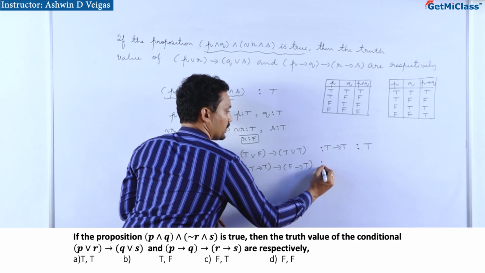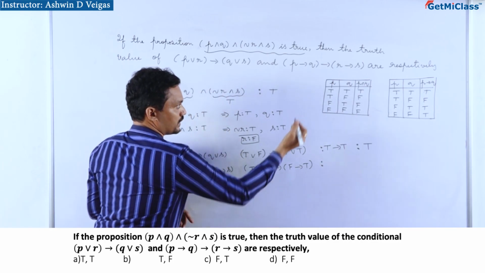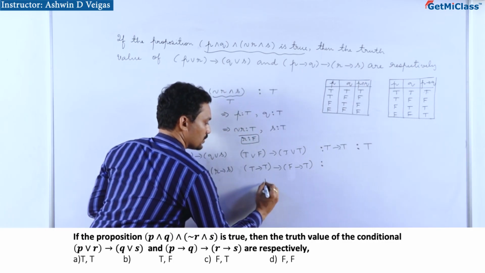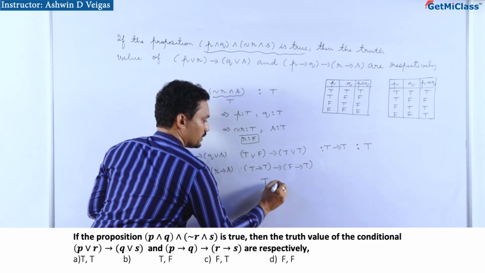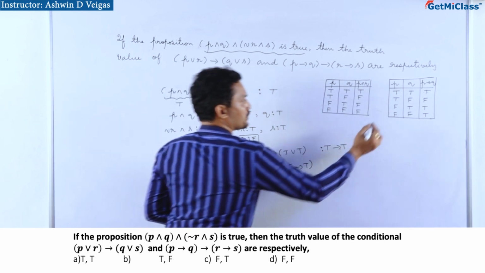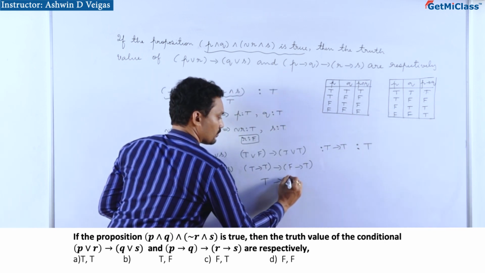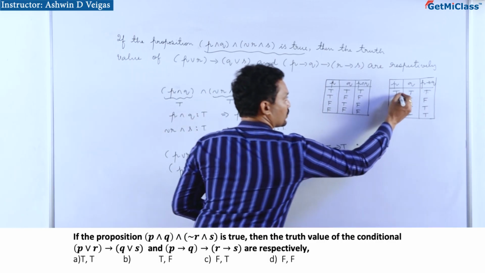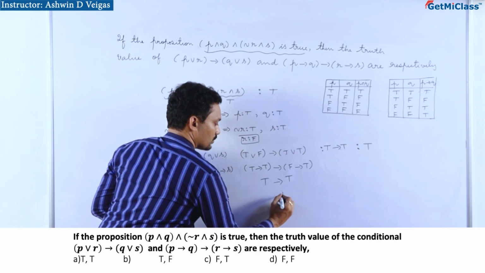Now, we will check this value. True then true, from the table, true then true is true. Then false then true is also true. So we get true then true, which is also true.